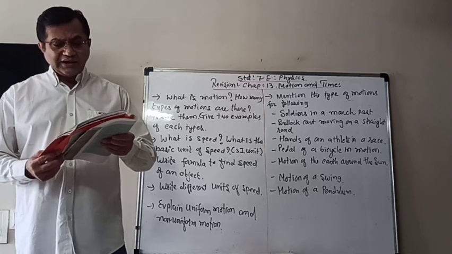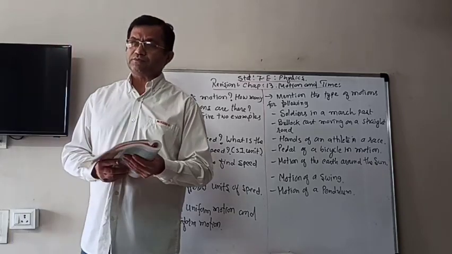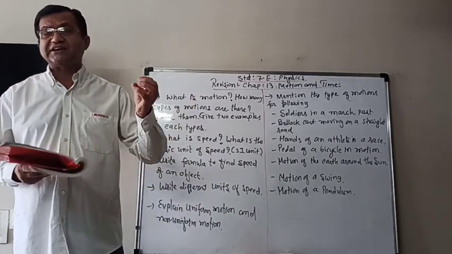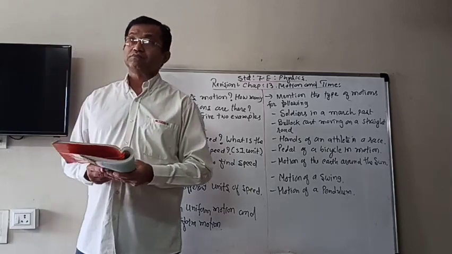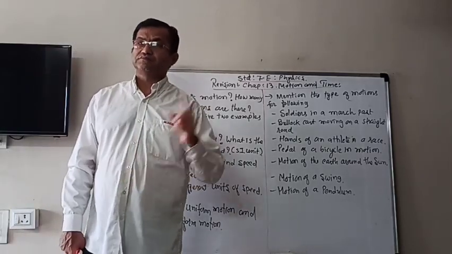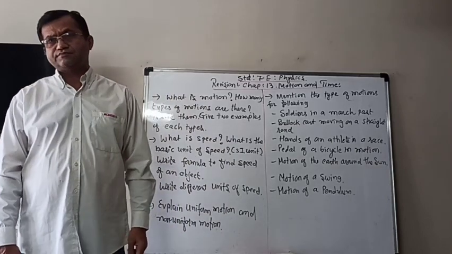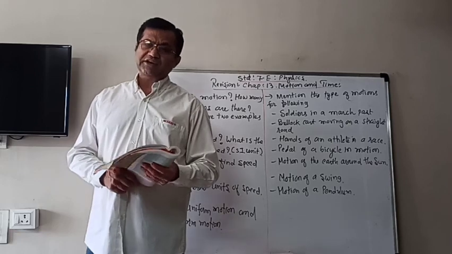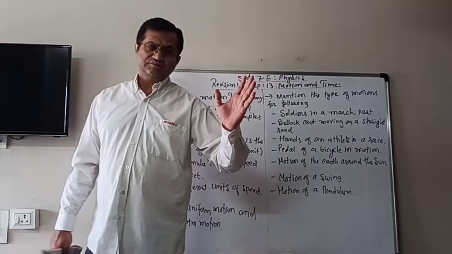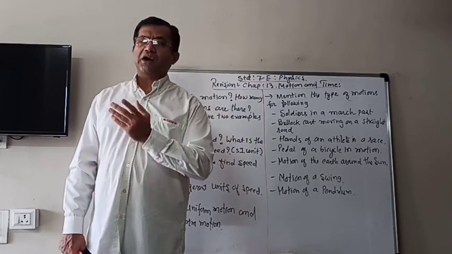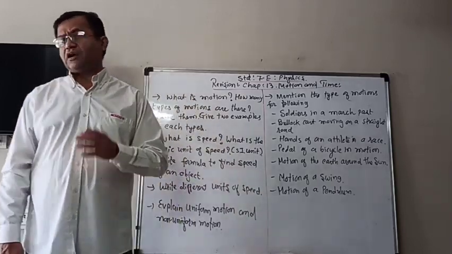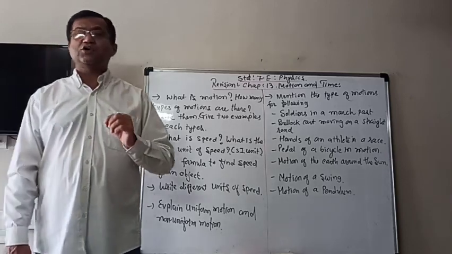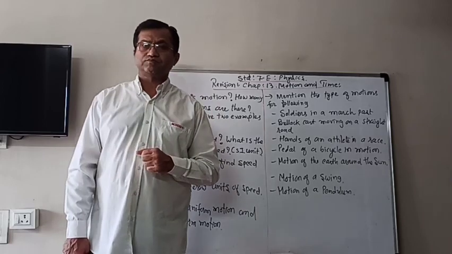Now we learn different types of motions. Along a straight line, it is known as rectilinear motion. If it is in a circular path, we say it is circular motion. If it is to and fro along a midpoint, then it is known as oscillatory motion.